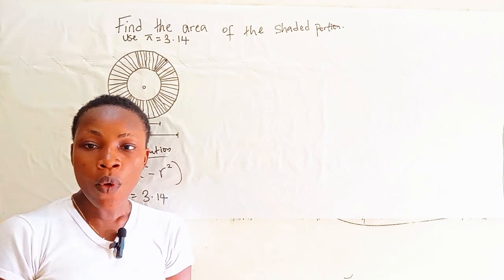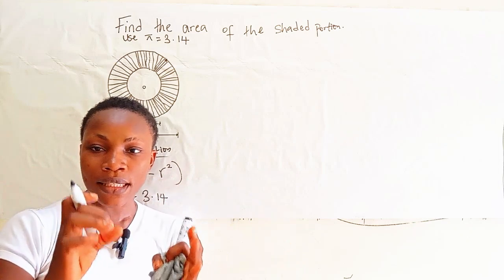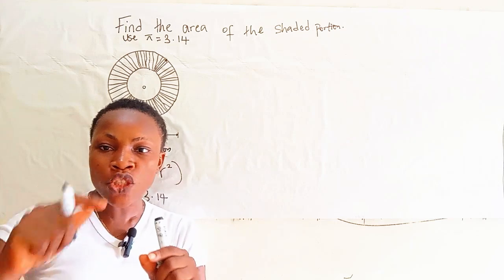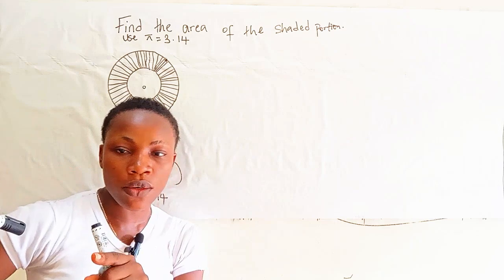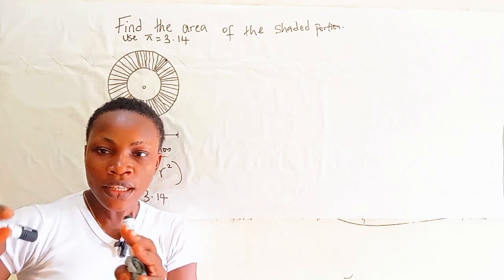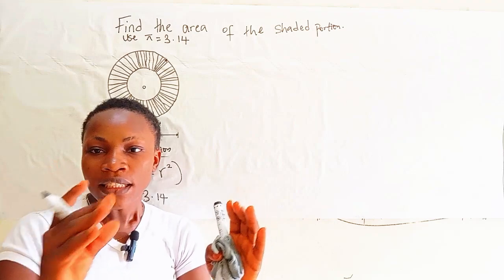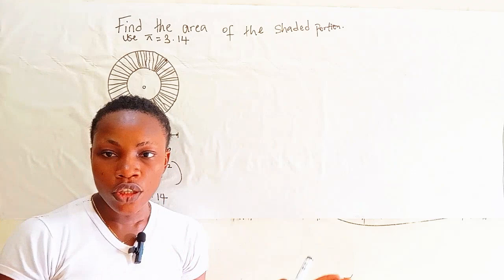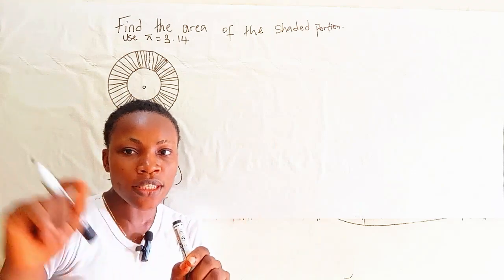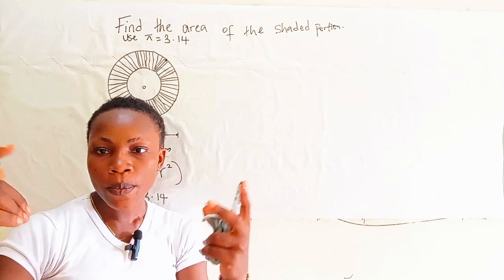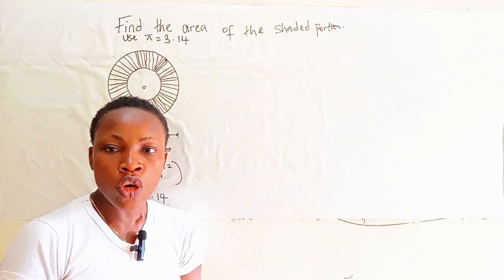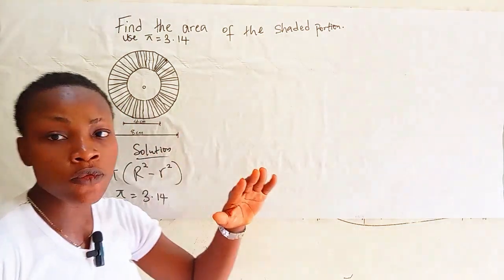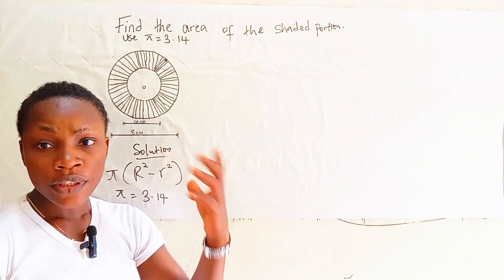All right, and while dividing the circle into two equal parts, the line will pass through the center of the circle. All right, now that our diameter divides the line into two, you find your radius. From the center to the circumference is our radius. All right, so we are to divide this diameter into two for us to find our radius.